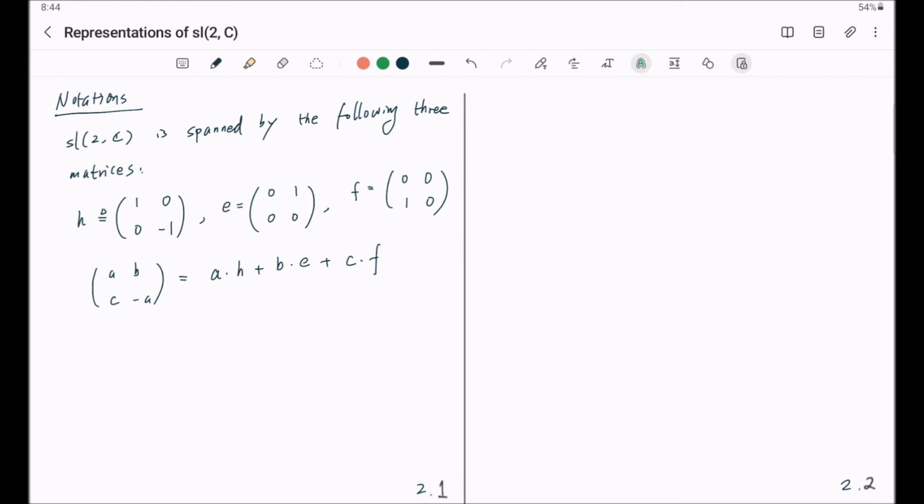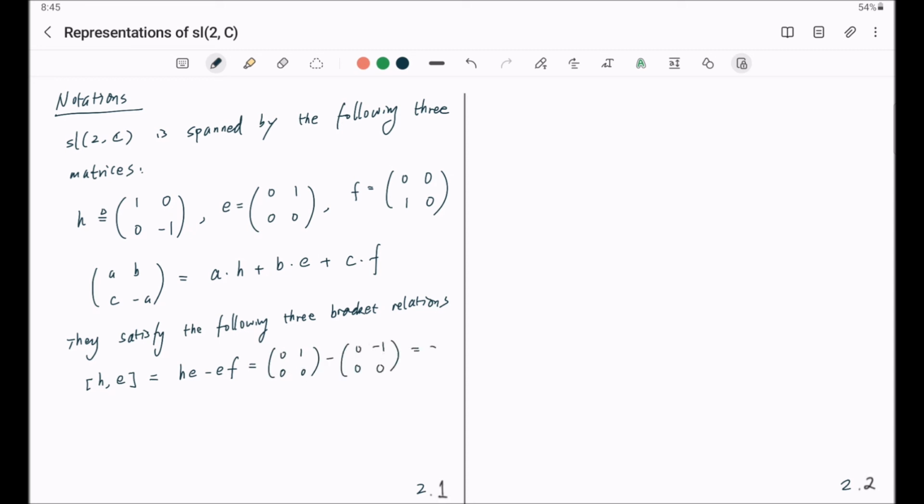Those three matrices satisfy the following three Lie bracket relations. The Lie bracket of H and E, as you can compute from linear algebra immediately, will be 2E.